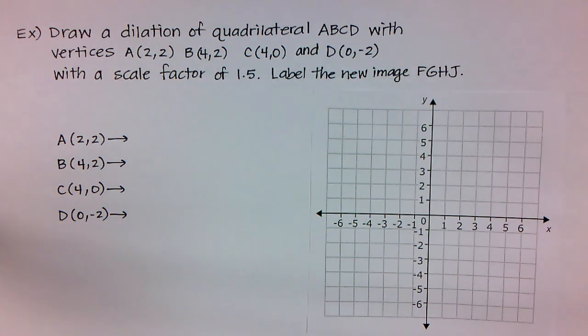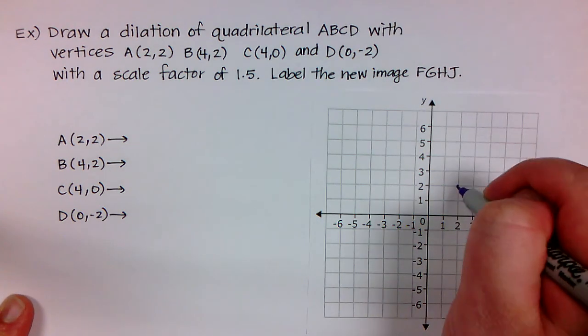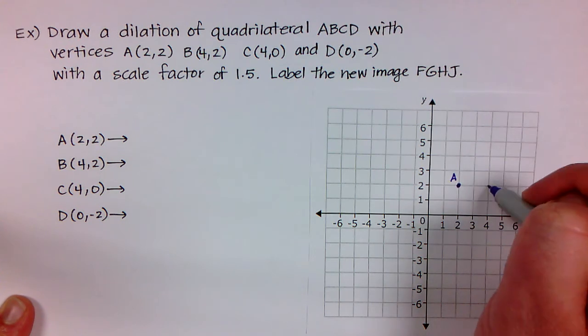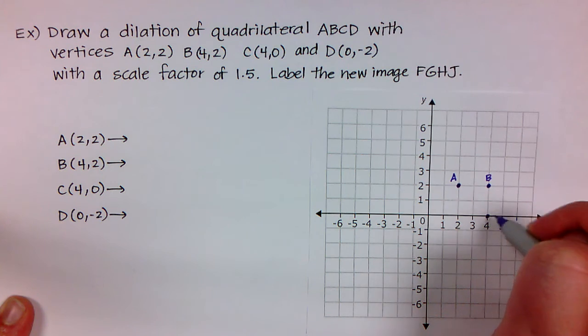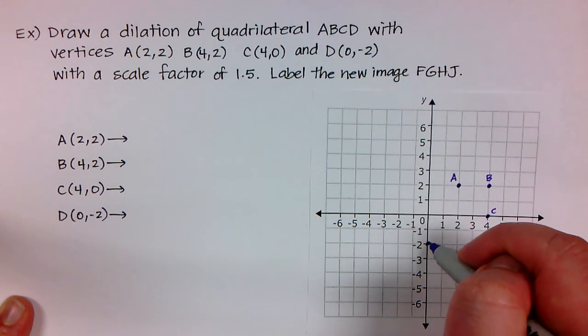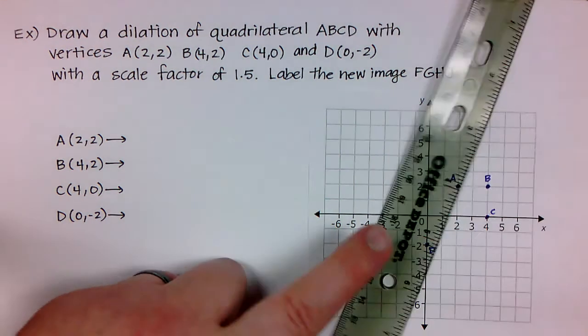Before I do that, I'm going to graph these 4 points so that I have my old image. A was at (2, 2). B is at (4, 2). C is at (4, 0). And D is at (0, -2).